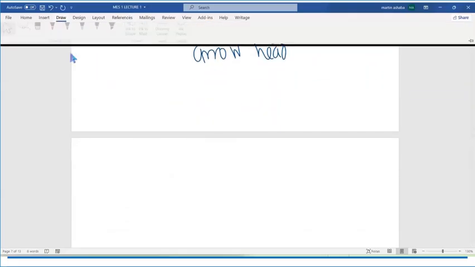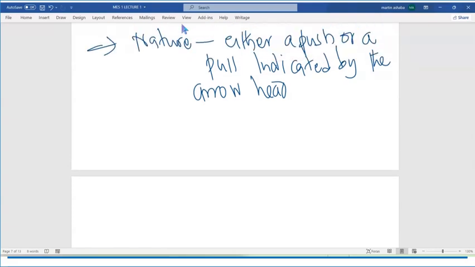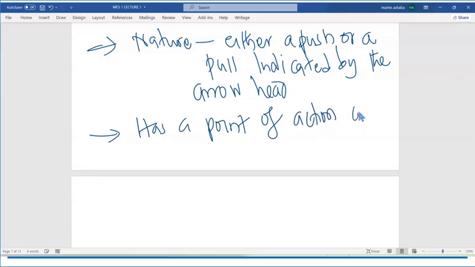Then we are saying that a force has a point of action on the body.